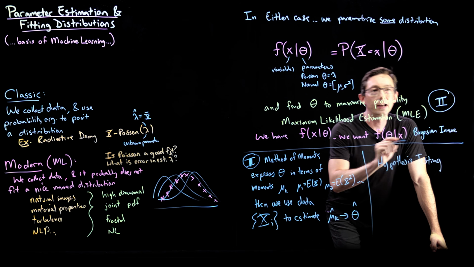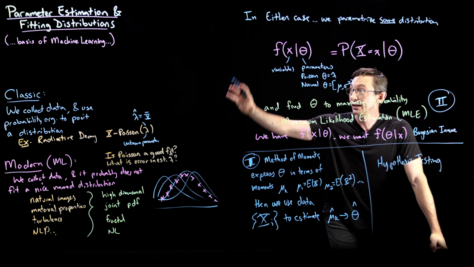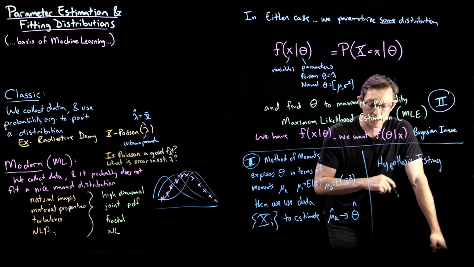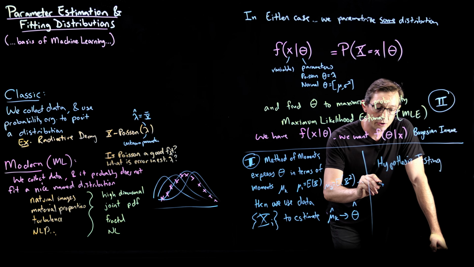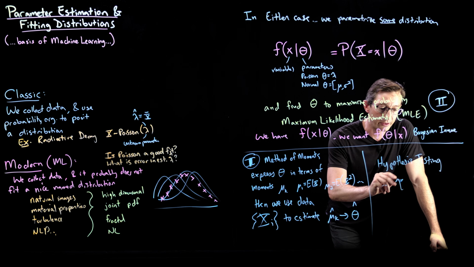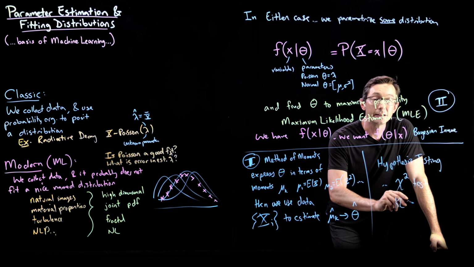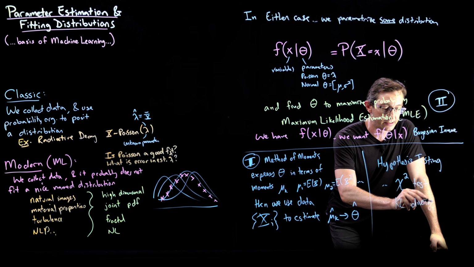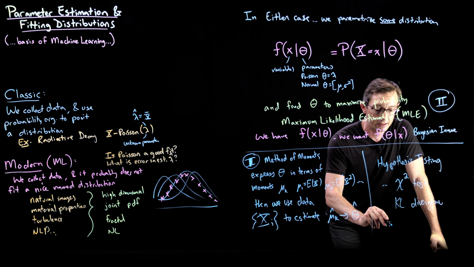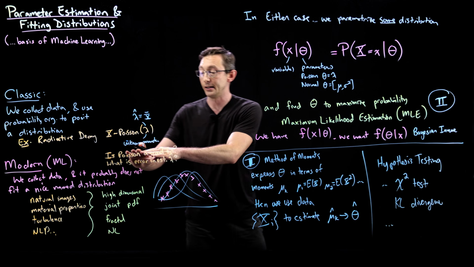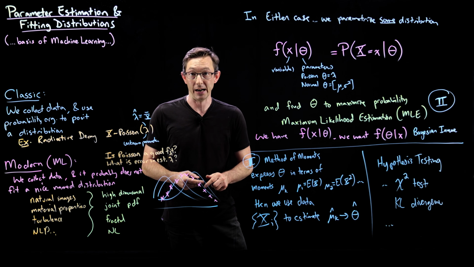So we will do some examples of hypothesis testing in this parameter fitting and distribution fitting. Do the distributions match? We'll use something called the chi-squared test. We'll talk about the KL divergence, and so on. There's a bunch of different methods to test if a distribution is actually matching your data.